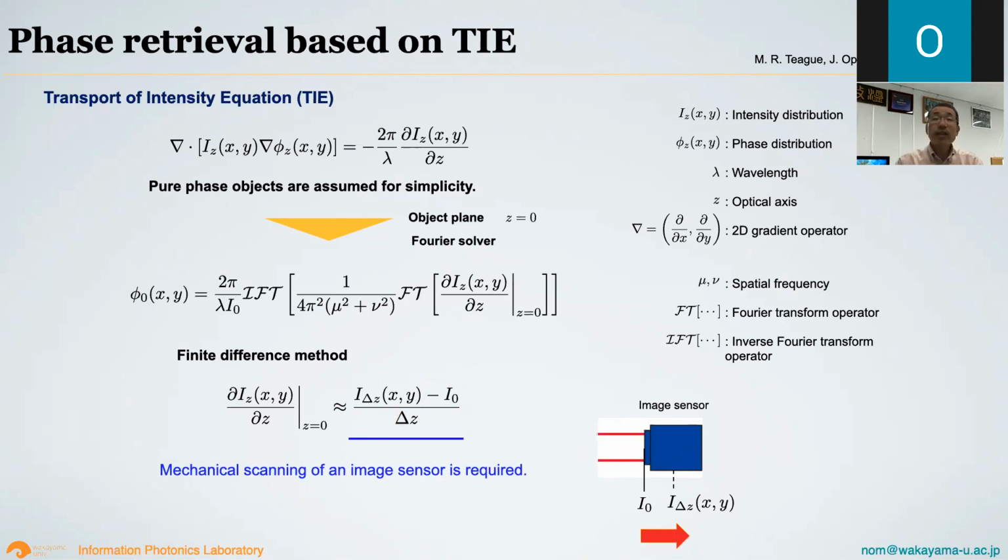This is a problem because the movement should be very precise. If we move over the pixel size of the image sensor, it causes big errors. So it is necessary to move this image sensor very precisely along the optical axis. It is a problem.